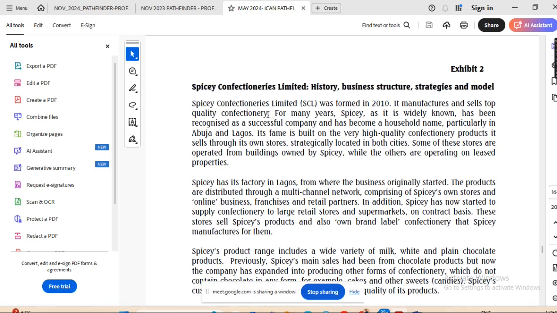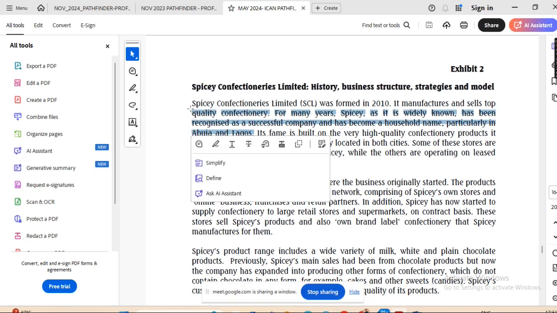For many years, Spicy, as it is widely known, has been recognized as a successful company and has become a household name, particularly in Abuja and Lagos. You can see where they have more recognition is just Abuja and Lagos, North Central and Southwest.